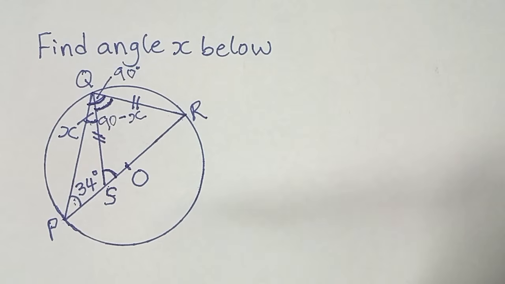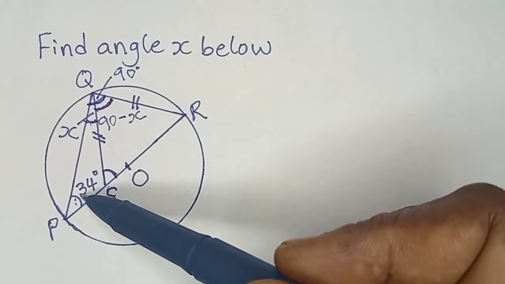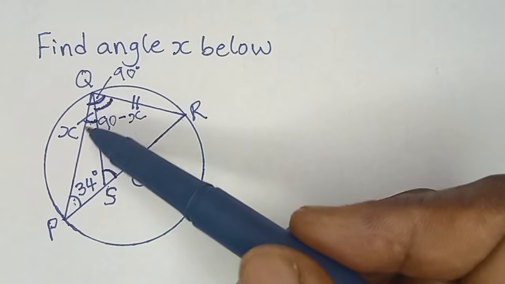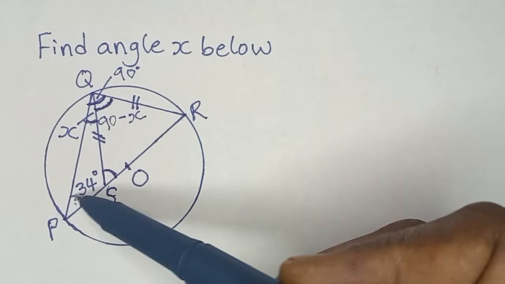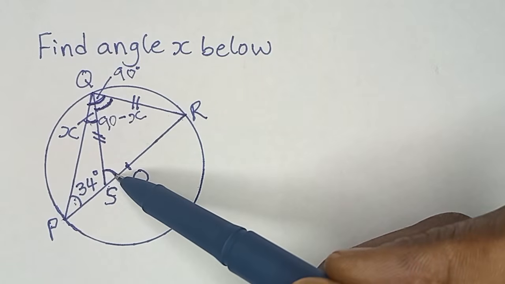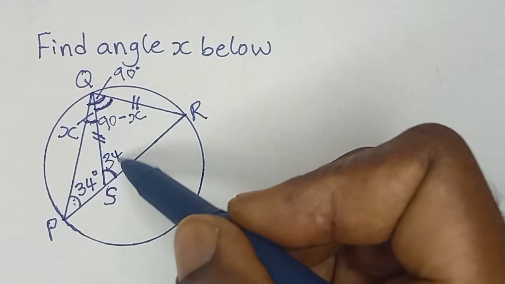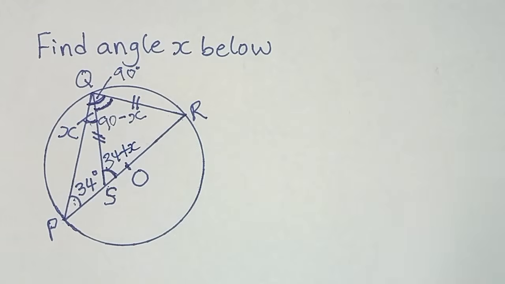So that will tell us strategically that this angle will be 34 plus x, because this angle here is x and this is 34. So these two opposite interior angles add up to give the exterior angle. So this angle here is 34 plus x.